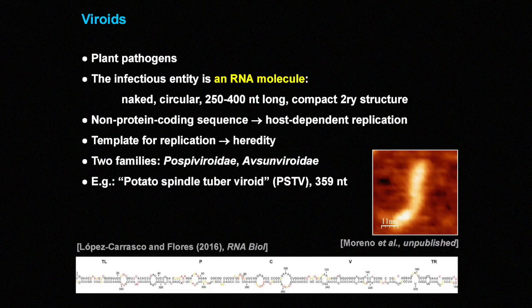And about viroids. What are viroids? Viroids are very interesting plant pathogens. The infectious entity here is only an RNA molecule, so no capsid. So simpler than viruses, of course.